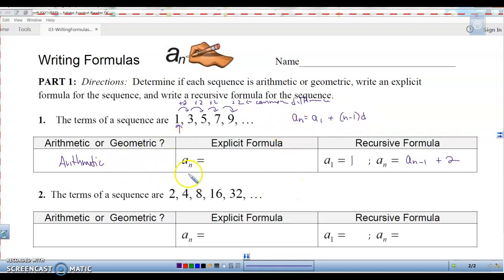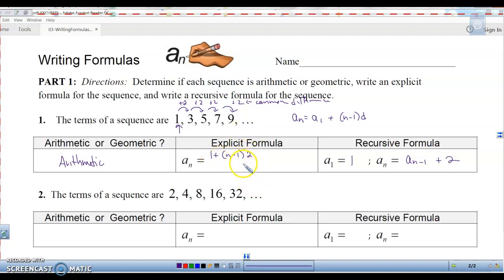For this particular formula, A of n equals, what is the first term of the sequence? It's going to be 1. I don't know how many times I'm going to add, so I'm just going to say n minus 1, and what's my common difference? My common difference is going to be 2.